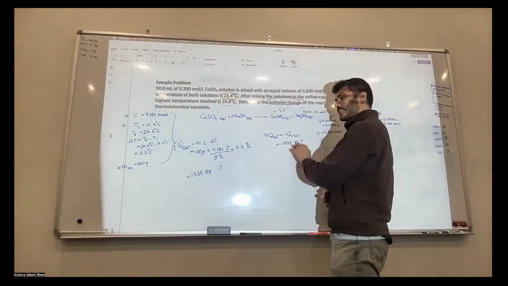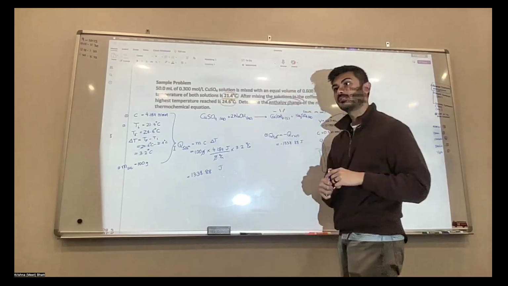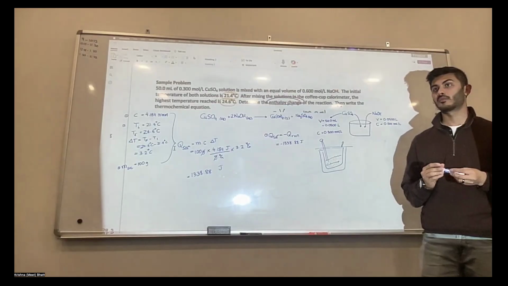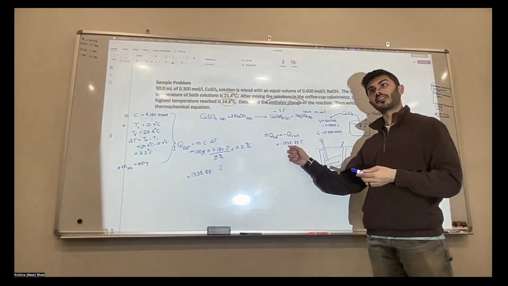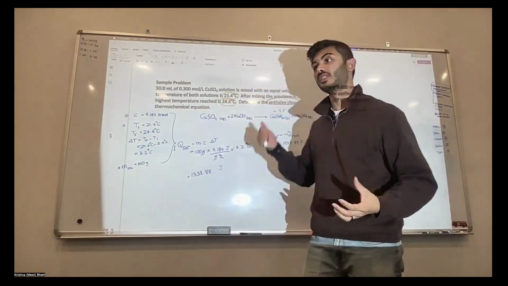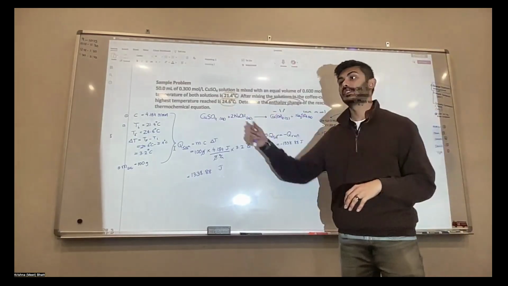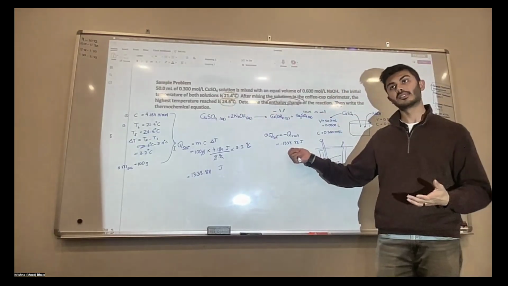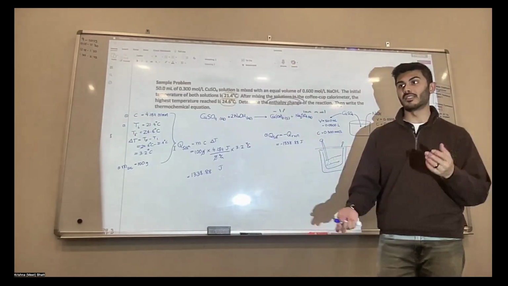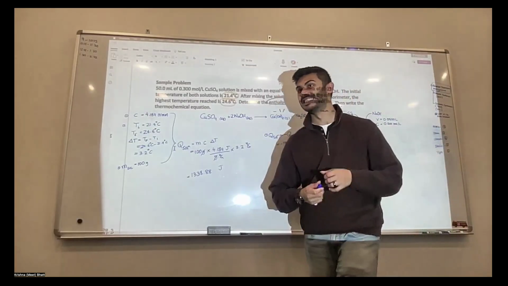This heat is for a certain number of moles which were used here specifically. If I had less of this, the heat would be less. More would result in more. It's related to how many moles I used. So how many moles did I use?